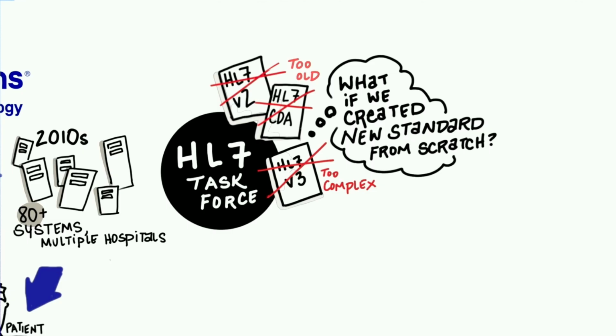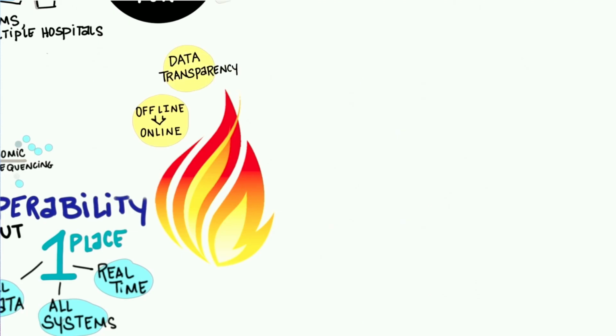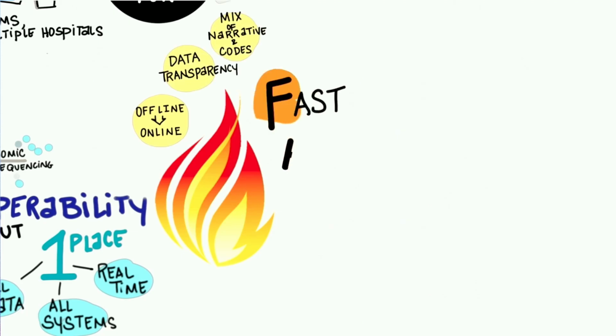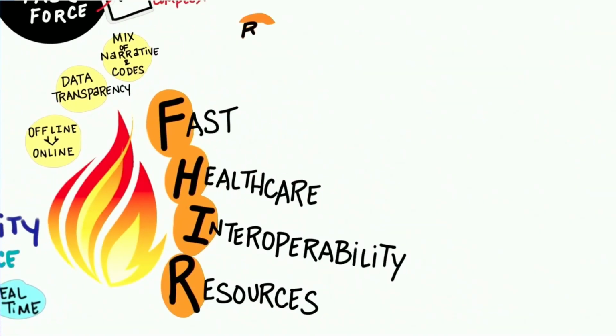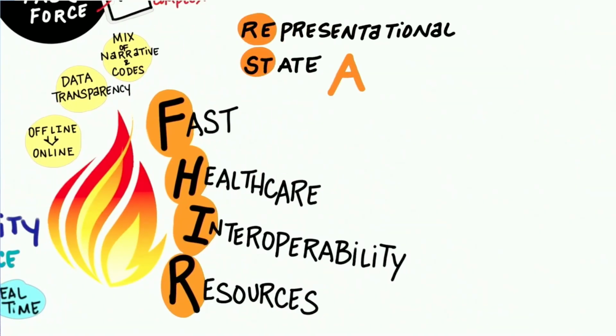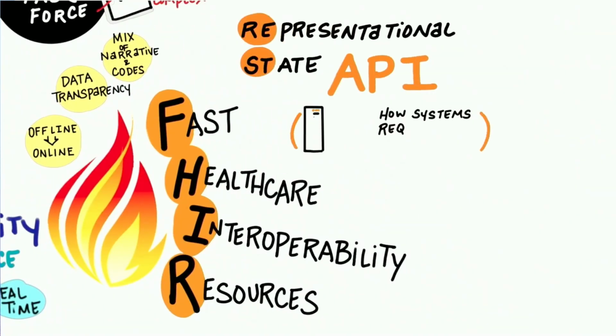So that task force came back with a proposal that was a concept that we now call FHIR, Fast Healthcare Interoperability Resources. That was meant to meet the needs of distributed data, the need for data liquidity.